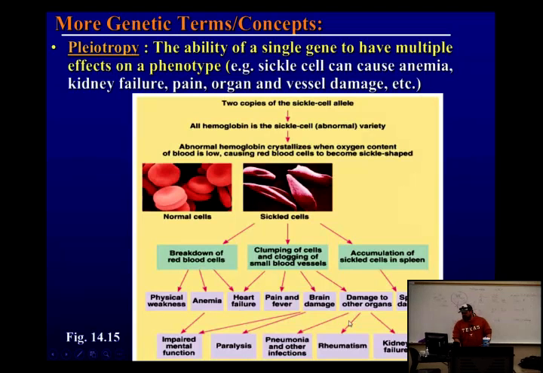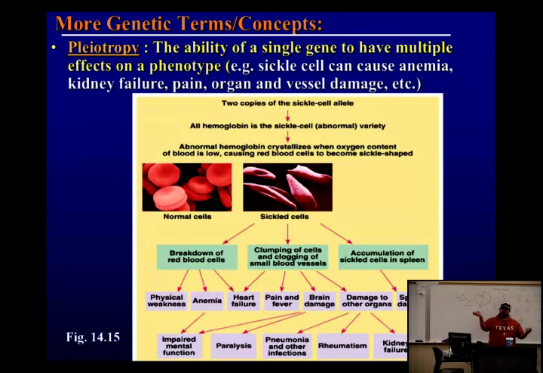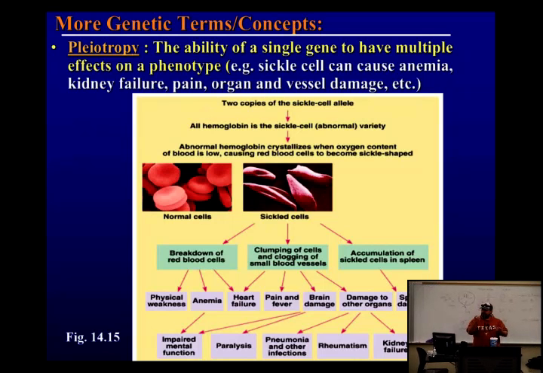So you can end up with brain damage, heart failure, anemia, paralysis, kidney failure, spleen damage, because these cells have a sickle shape, right? So they're not nice and round like wheels. Imagine a sickle wheel. How far would that roll around in your blood vessels? And then the sickle gets stuck kind of like a piece of glass in your vessel, so it's really painful.